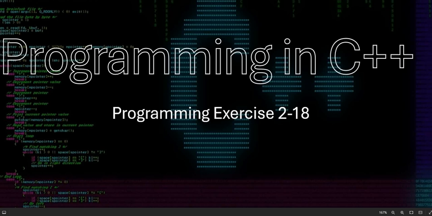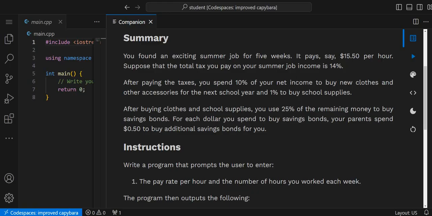Programming in C++, programming exercise 2-18. And for those of you who like to do a lot of typing code, you'll love this one. All right, summary. You found an exciting summer job for 5 weeks. It pays, say, $5.50 per hour. Suppose that the total tax you pay on your summer job income is 14%.